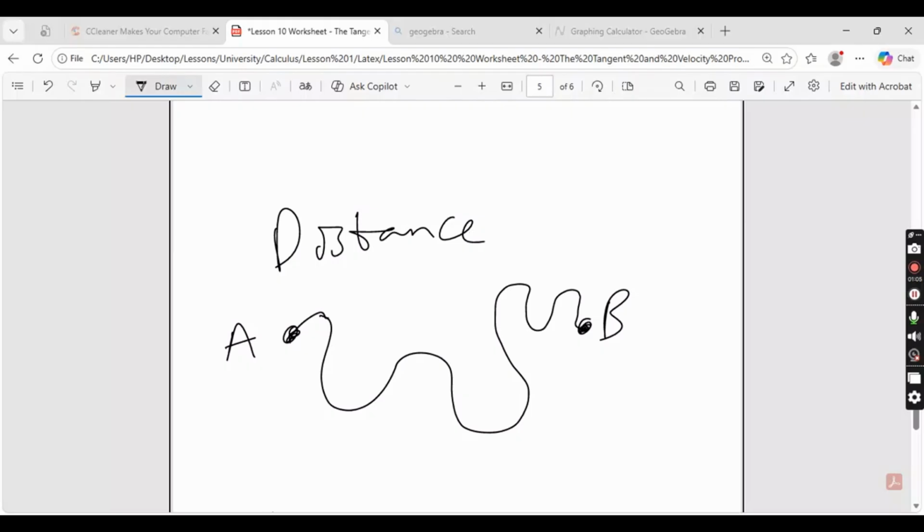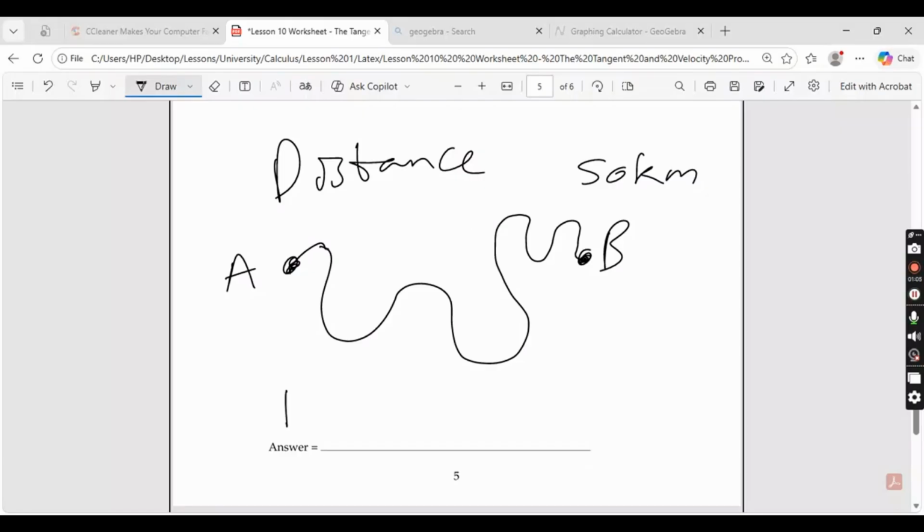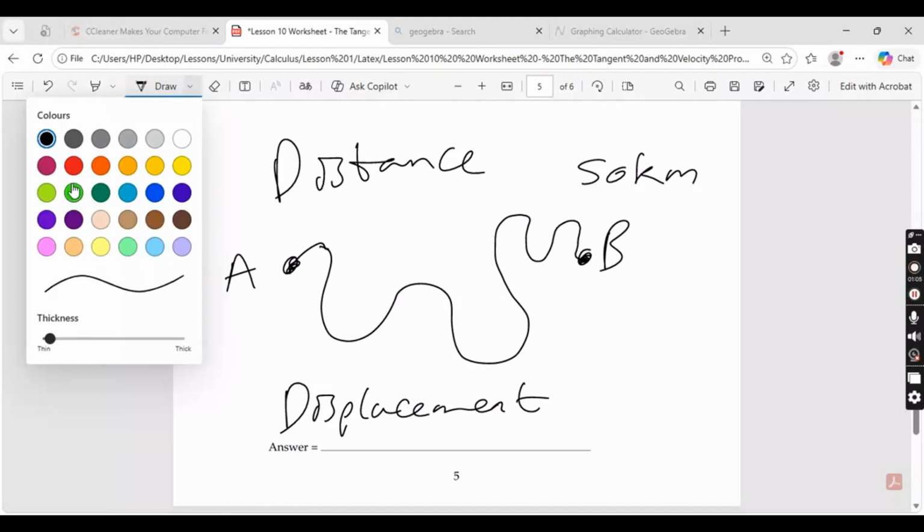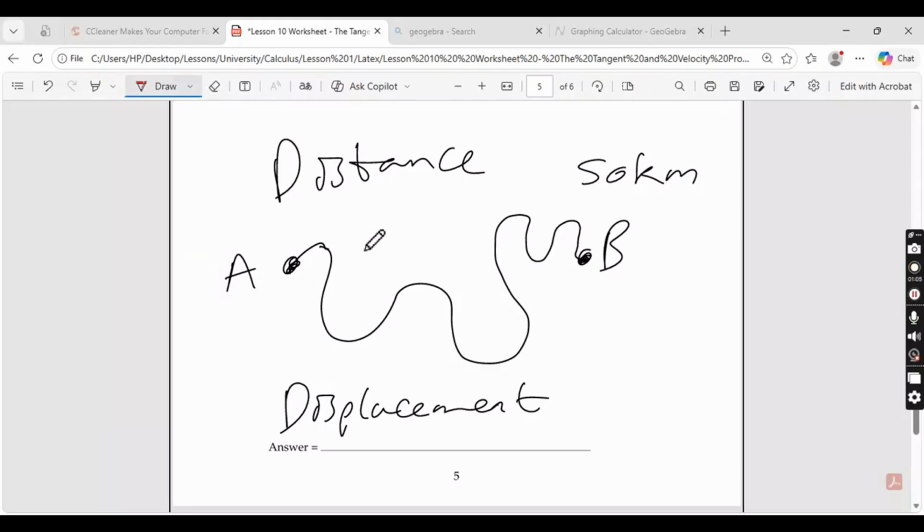From there to there, we would say it's 50 kilometers, and from A to B the distance we call 50 kilometers. But there's a special word that they now introduce, which they call displacement. Displacement is a bit different from distance, because displacement involves the distance between two points, but in a straight line.